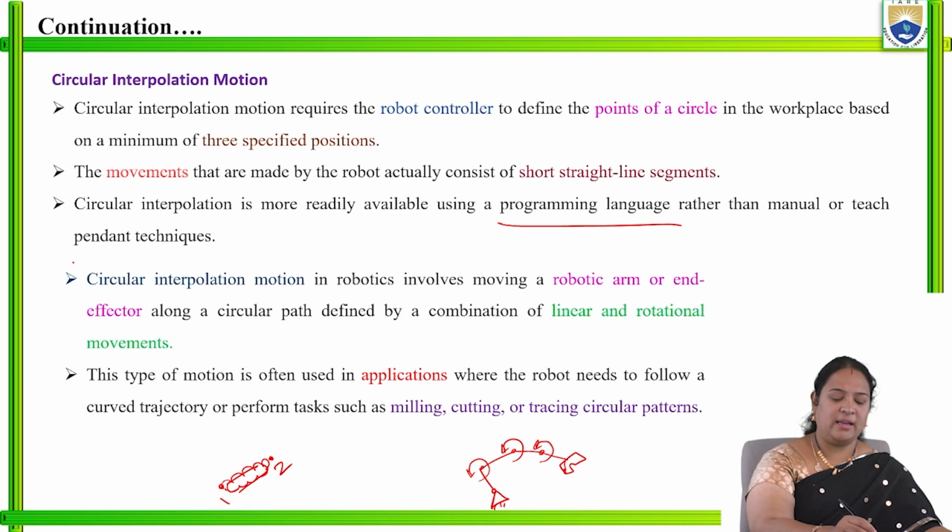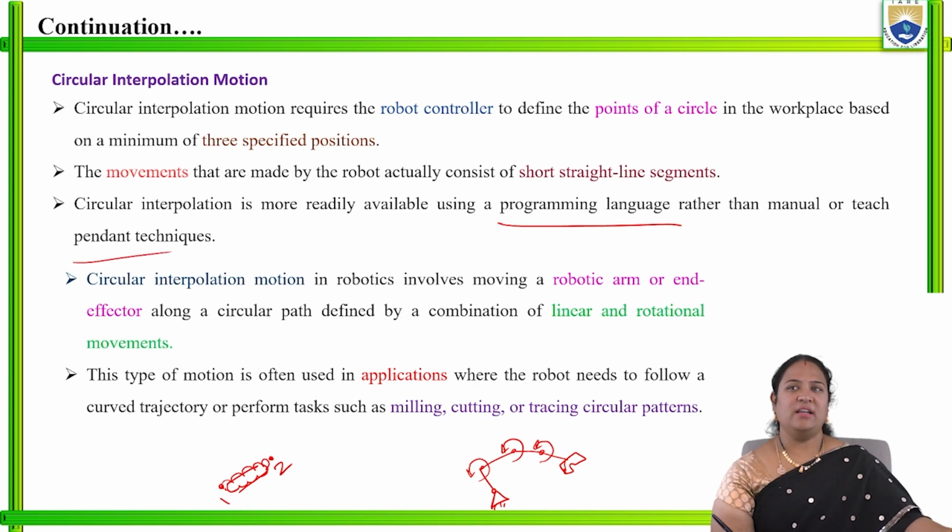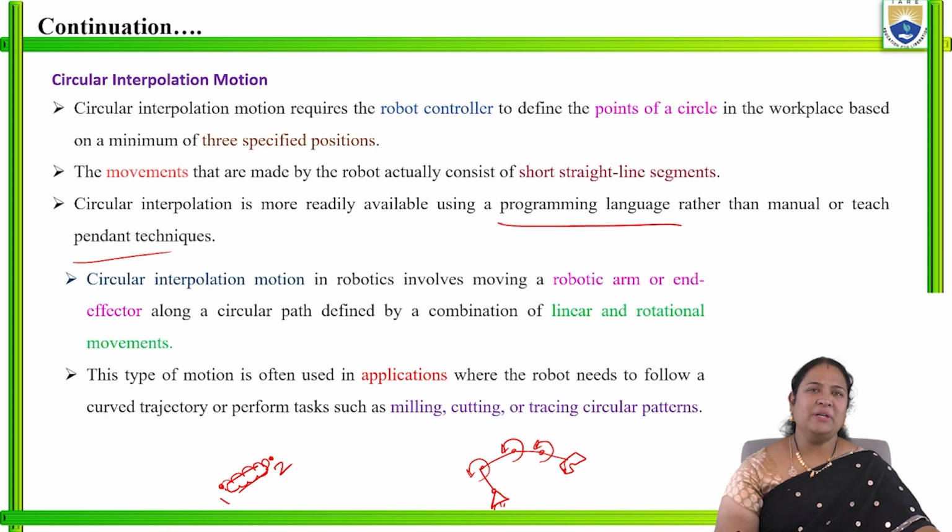So for any particular robot where the manipulator has to undergo some circular movement, initially we will be giving the programming language. According to that programming language, the robot will be acting, right?